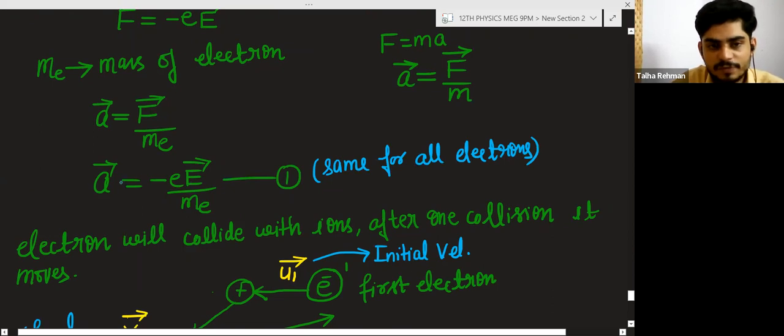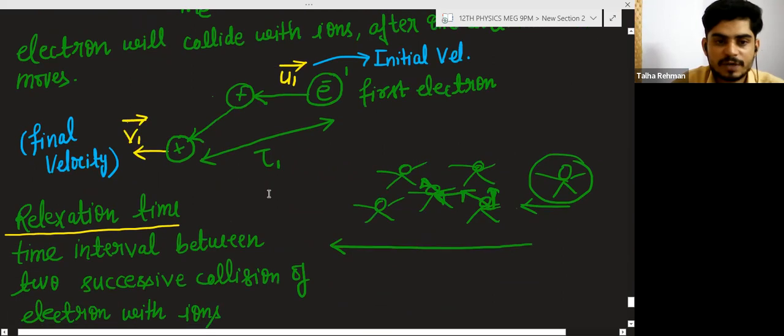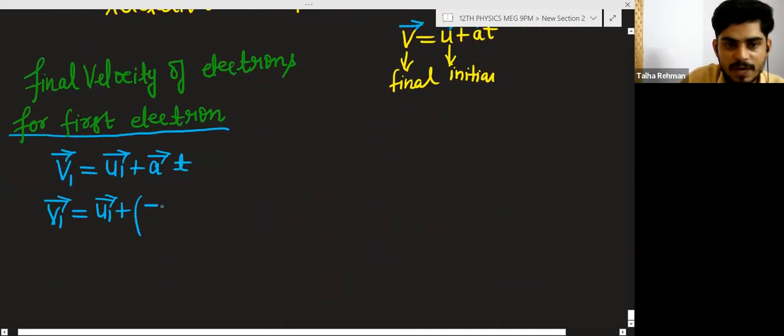So what is the value of acceleration? It is minus E, capital E, divided by the mass of the electron.